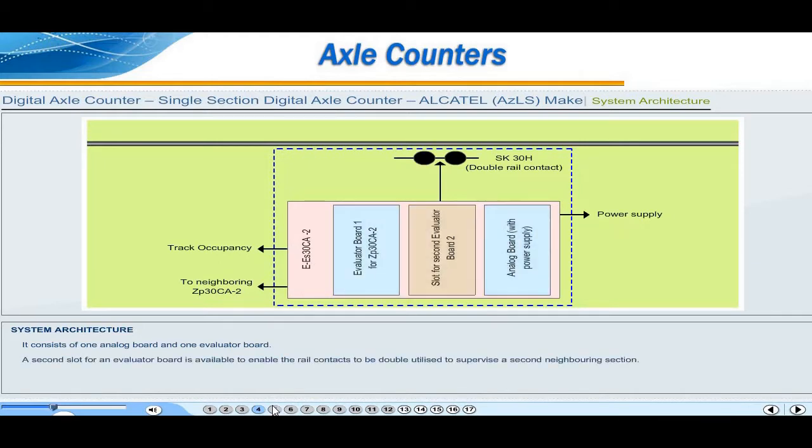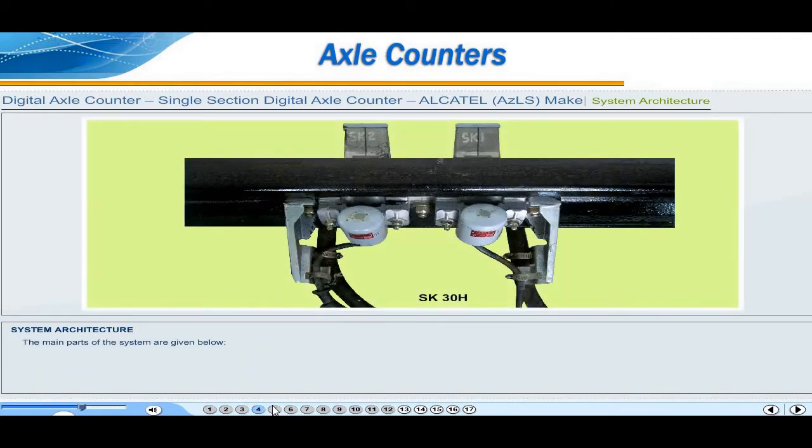A second slot for an evaluator board is available to enable the rail contacts to be double utilized to supervise a second neighboring section. Alternatively, an evaluator board with ISDN interface to the ACE of the AZLM axle counter system may be inserted. The main parts of the system are given below.